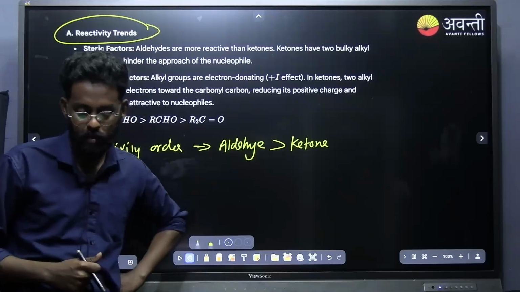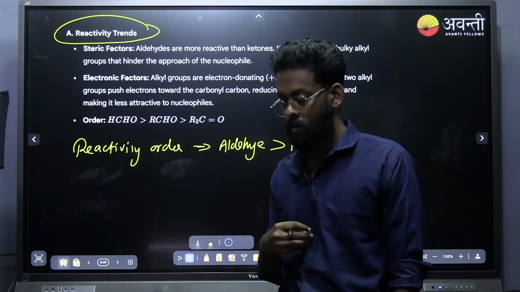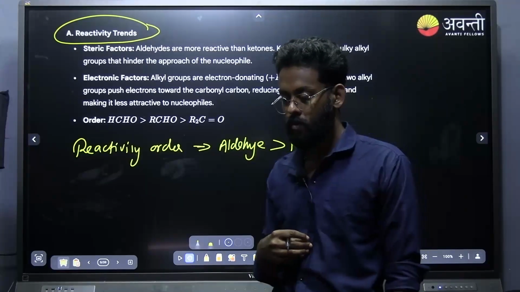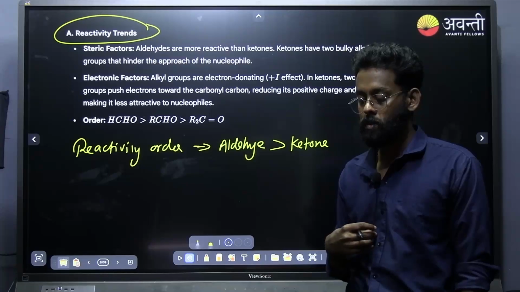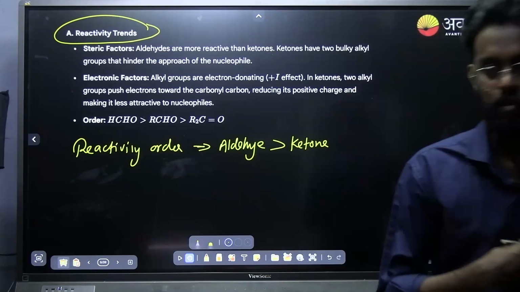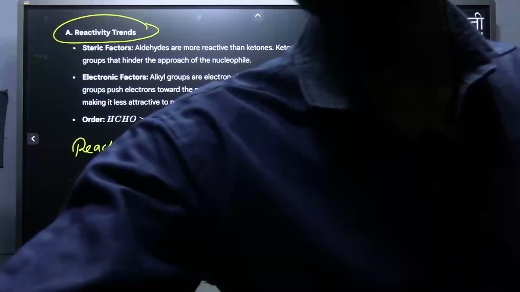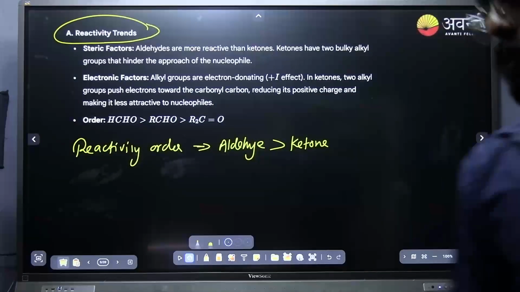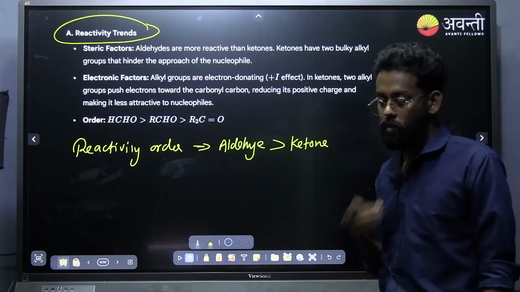Screen is not clearly visible. Dhanushri, okay, what happened? Is it for everyone? Hello, students? Let me check. Students, is it for everyone? Screen is not visible. Voice also breaking.